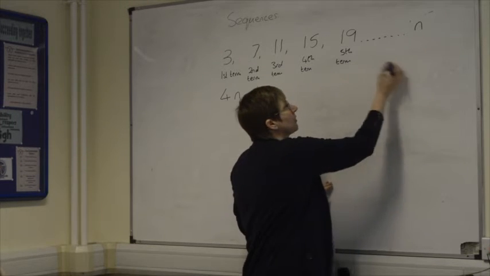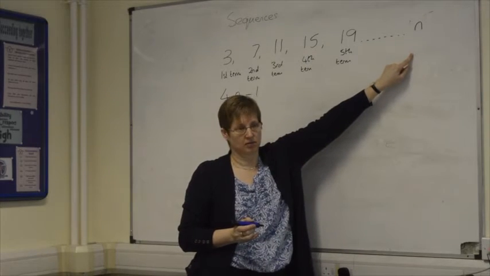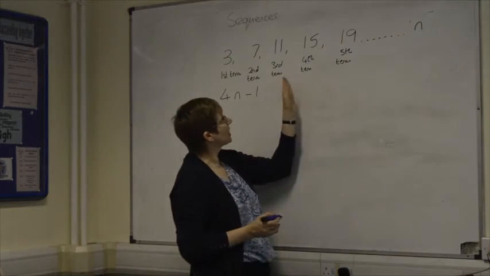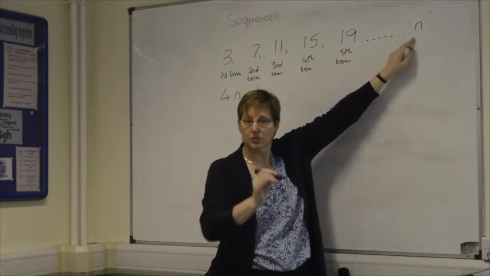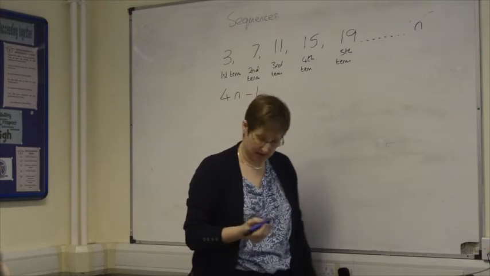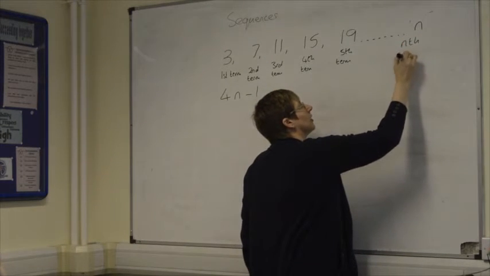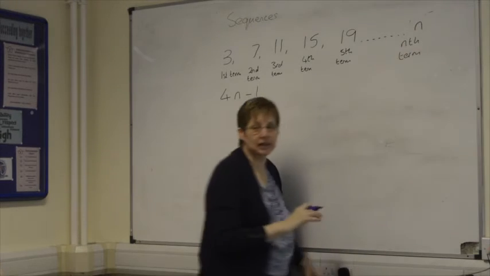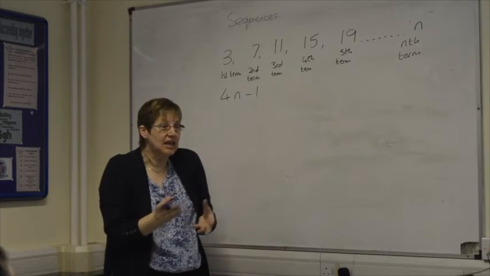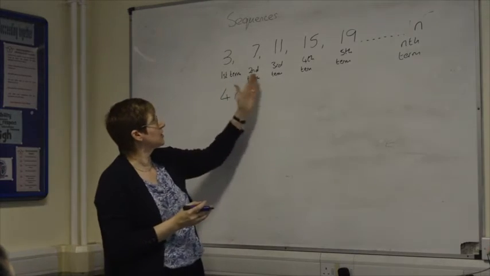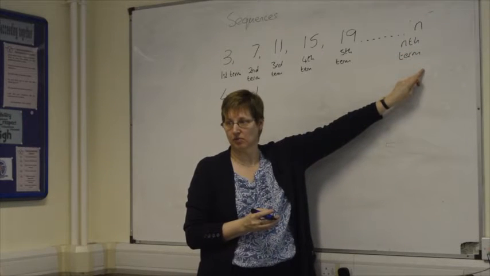So if that's my fifth term, how would I describe this one? First term, second, third, fourth, fifth. The last term is n, so what would I call it? The nth. Excellent. The nth term. Now that n could be any number I like. If that's the first, the second, the third, this one must be the nth term.